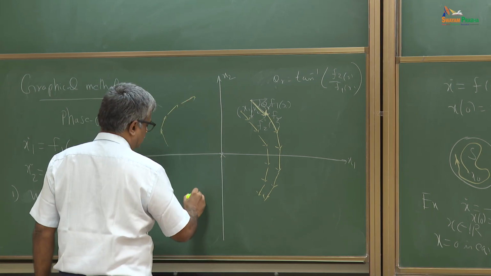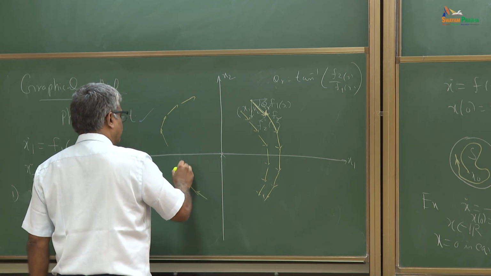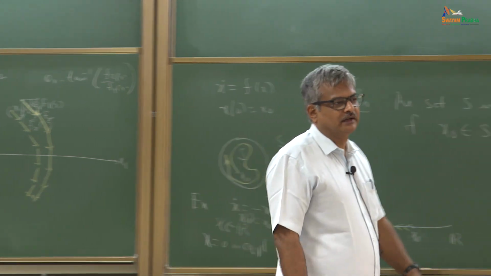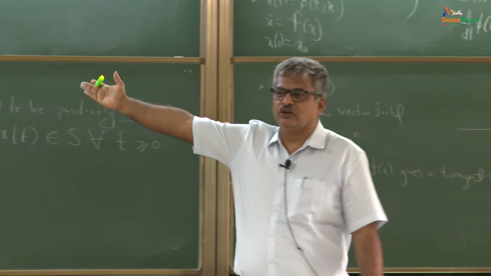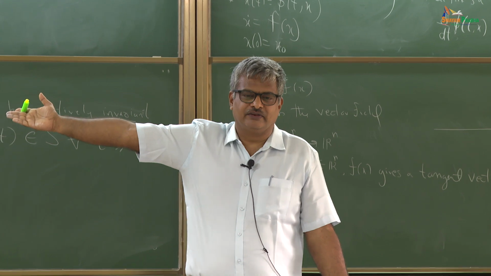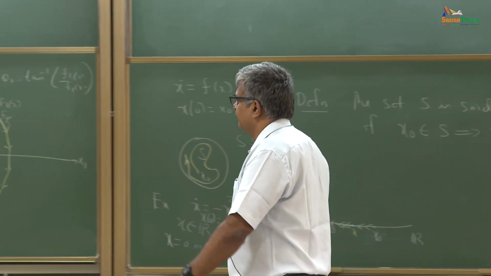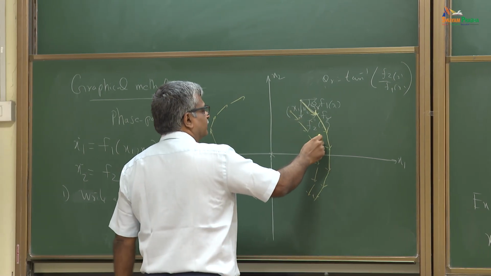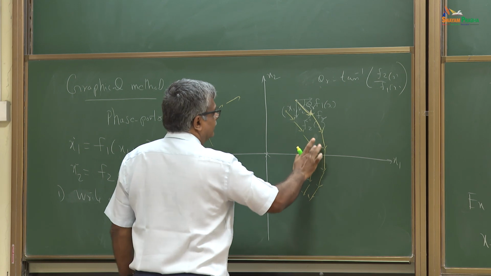I'm just randomly drawing, but if you see, it's not all that random, there's a continuity also, right? The arrows suddenly don't change direction because there's a continuity in the vector field, right? It's not a discontinuous vector field. So when you draw this, if suddenly you get an arrow which is something like this, then you have made some error in your calculation, right?